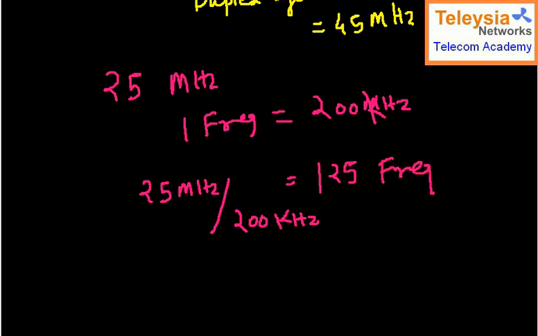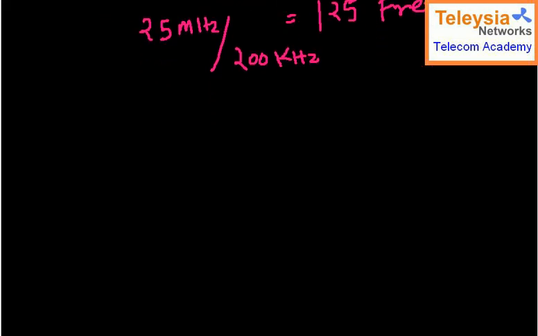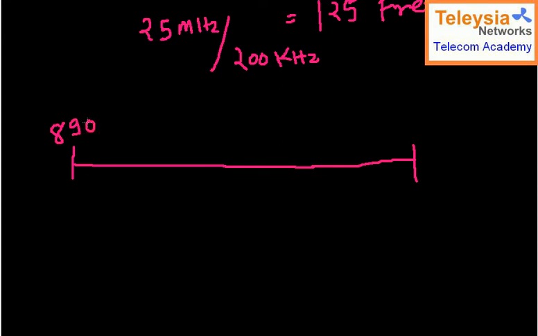Okay, so it starts from here, and this is where we stop. So it starts from, let's say, 890 megahertz in uplink, talking about the uplink, and 915 megahertz is where we stop.